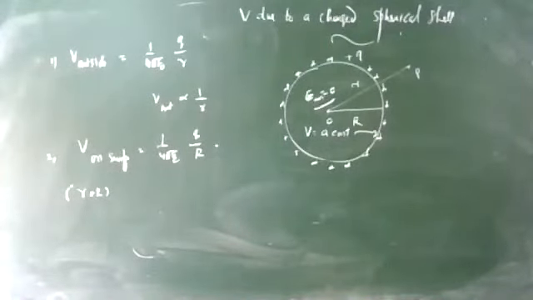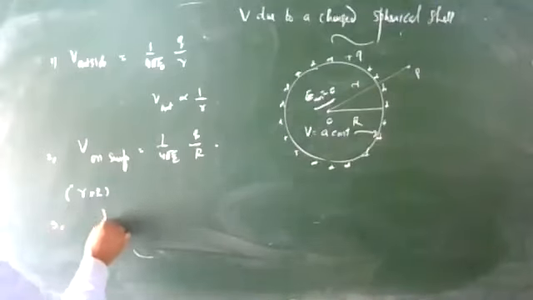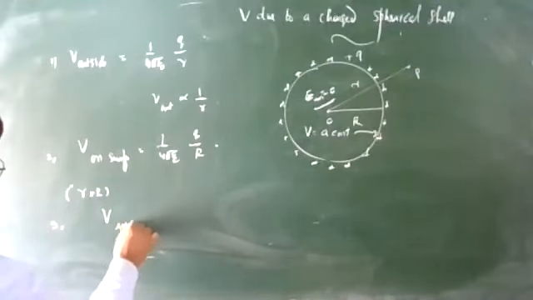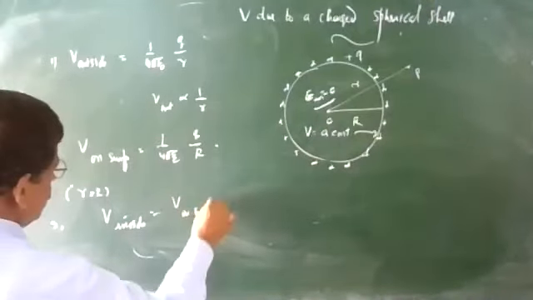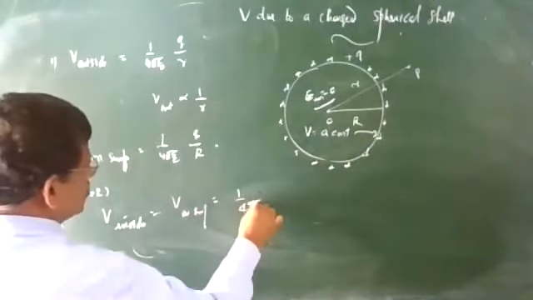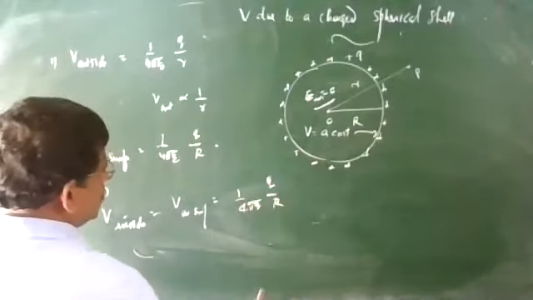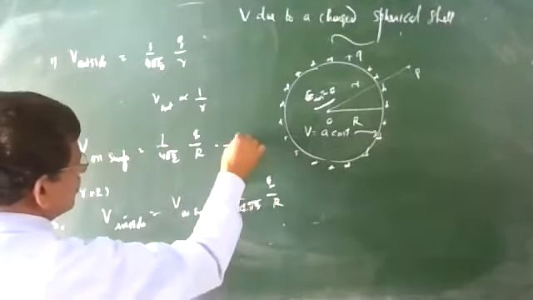So the third point I am writing: potential inside is the same as potential on the surface, 1/4πε0 times Q divided by R. So this is the maximum value.